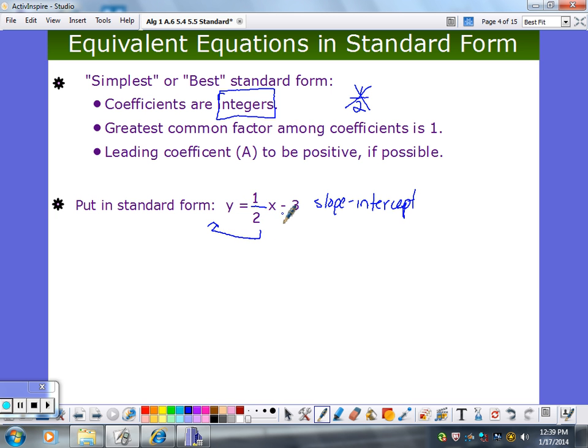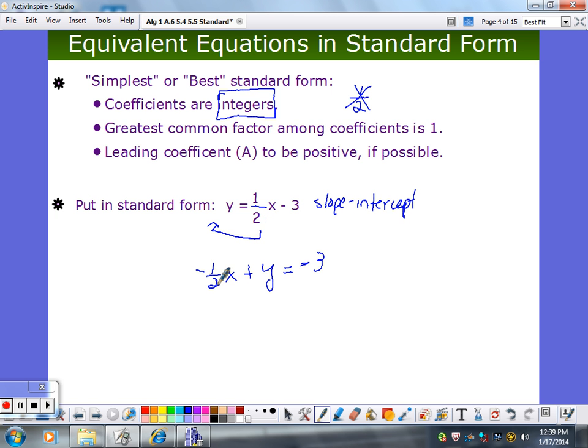This x term has to be moved to the other side of the equal. How do I move it over? Subtract minus half x. Now remember our little shortcut: to move terms from one side to the other, they change sign.